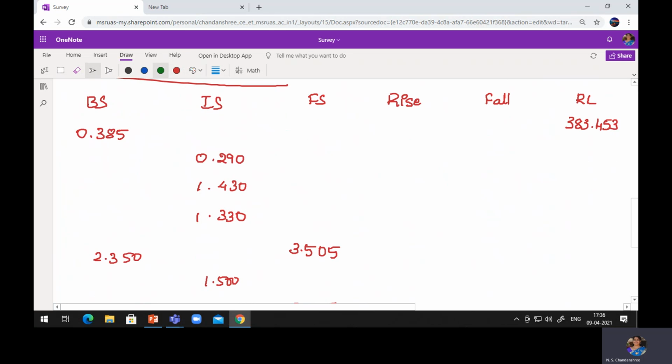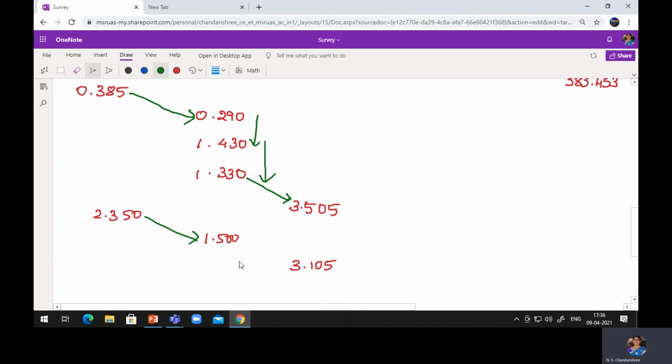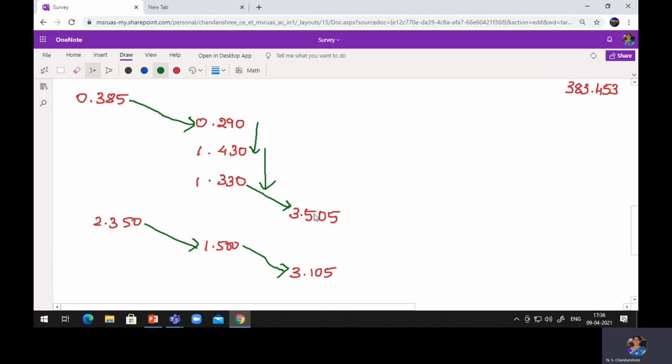So here in this method, always remember, subtract first value from the second value. Now these are the values that you have to subtract.